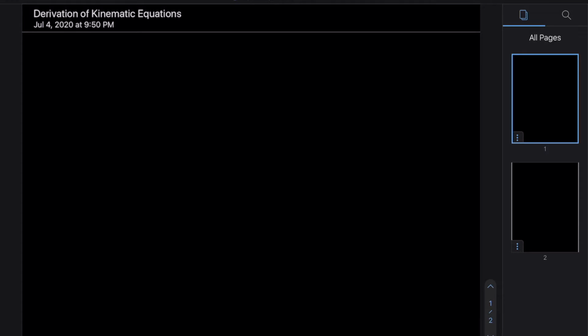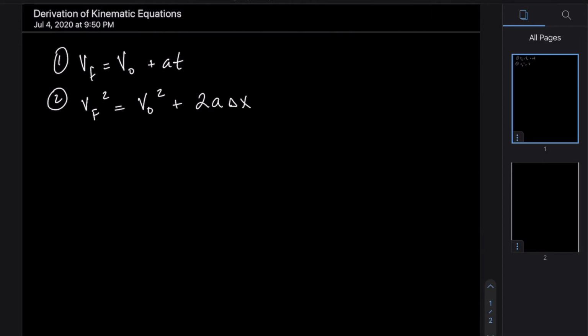So the four kinematic equations are: final velocity equals initial velocity plus acceleration times time. Second, final velocity squared is equal to initial velocity squared plus 2 times the acceleration times displacement.